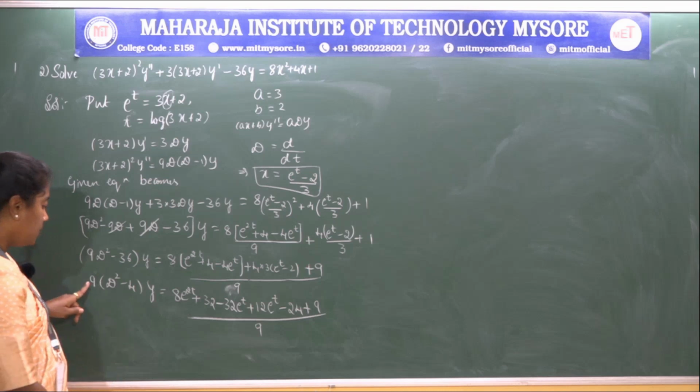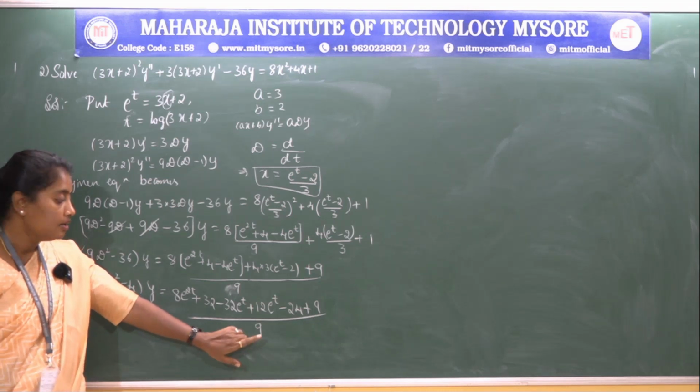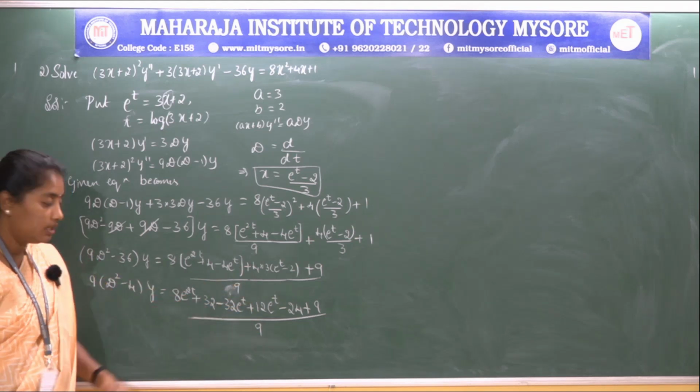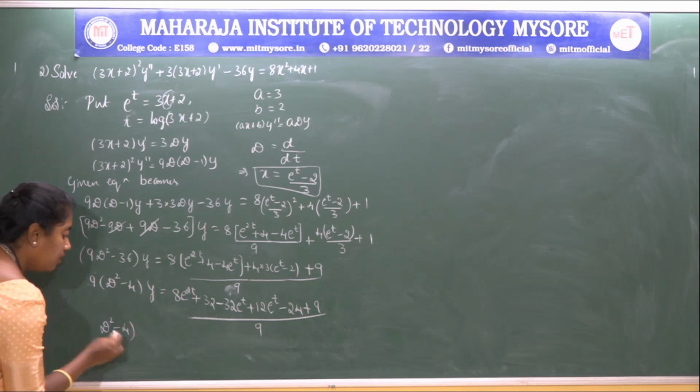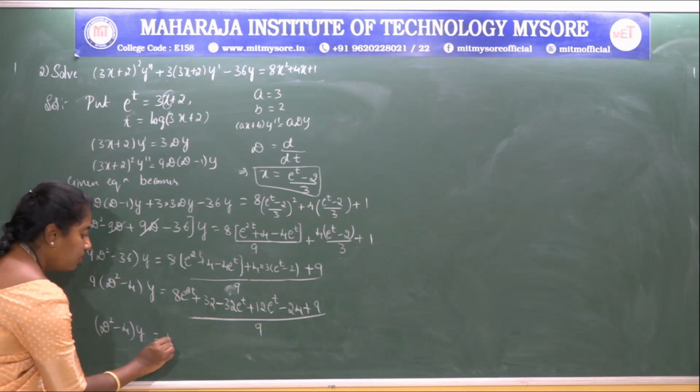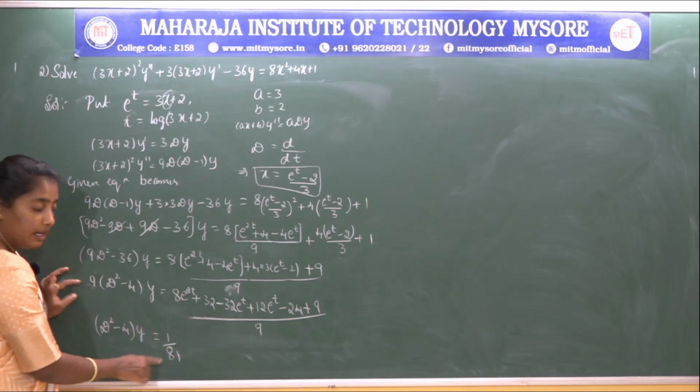On cross multiplying this 9, we get 9 into 9, 81. So that is common for all the numerator terms. Hence D square minus 4 of y is equal to 1 divided by 81. 9 into 9, 81.